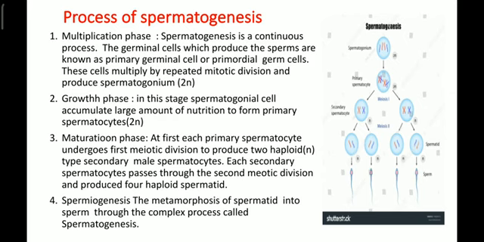This is the actual meiotic phase. At first, each primary spermatocyte undergoes the first meiotic division to produce 2 haploid secondary spermatocytes. Each secondary spermatocyte passes through the second meiotic division and produces 4 haploid spermatids.